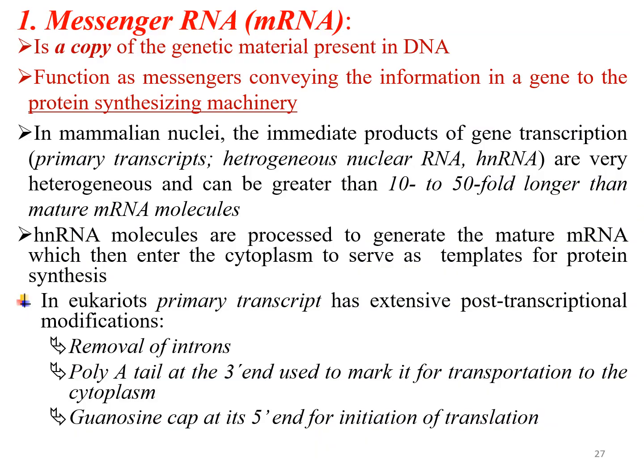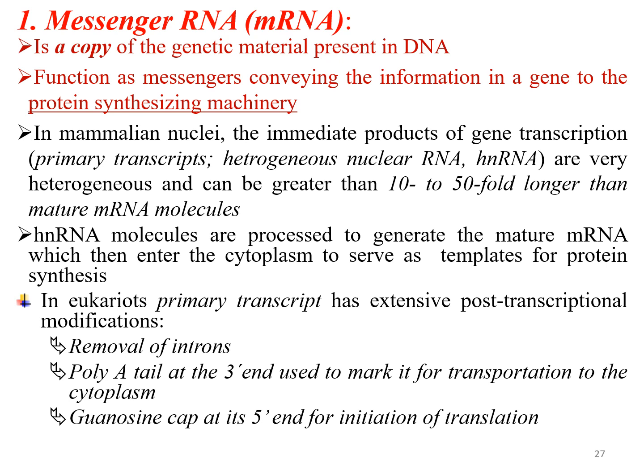So as the name indicates, messenger RNA or mRNA is a copy of genetic material present in DNA and functions as a messenger conveying the information in the gene to the protein synthesizing machinery. So it is carrying the information saying that synthesis of protein is required.